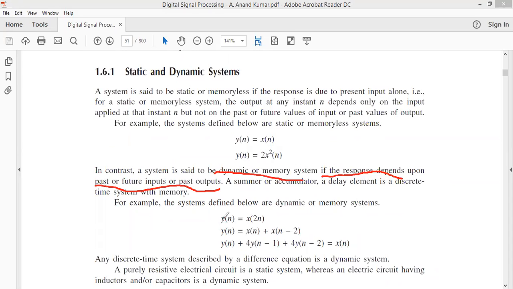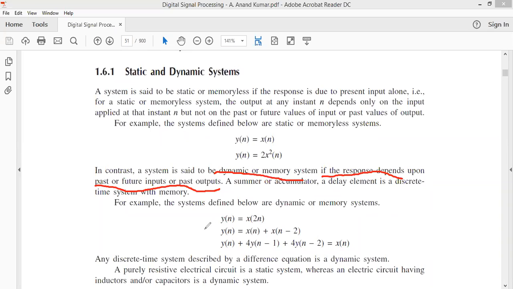Now see this example, y of n is equal to x of 2n. How do you check whether it is a memory system or not? Substitute n is equal to 0. Then y of 0 depends upon x of 0. Substitute n is equal to 1, y of 1 is equal to x of 2.